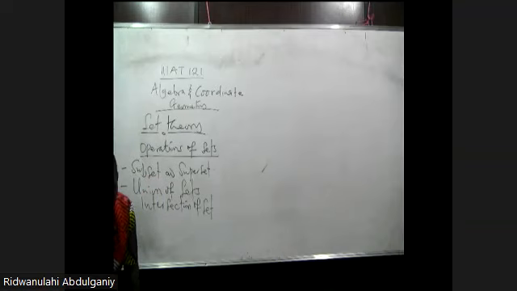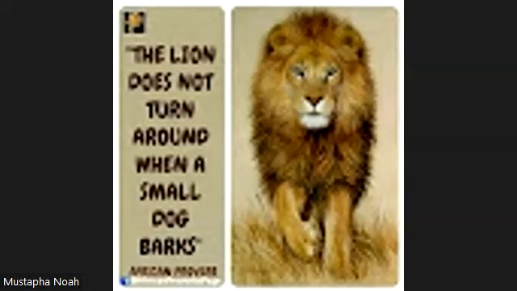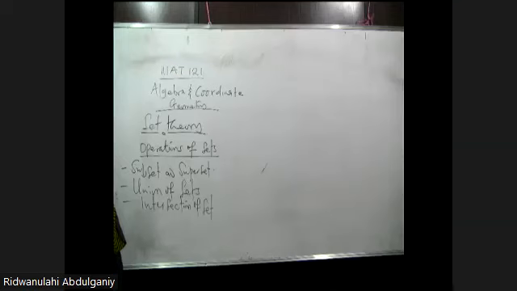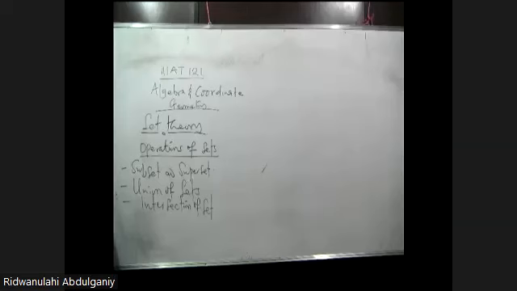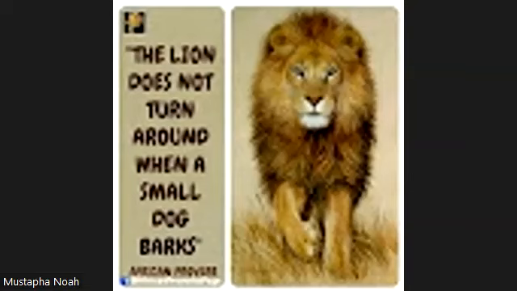Mustafa, kindly unmute yourself, please. When we are talking about subsets, we have universal sets, which happen to be the mother of all sets, and a subset is just like a child of a universal set.